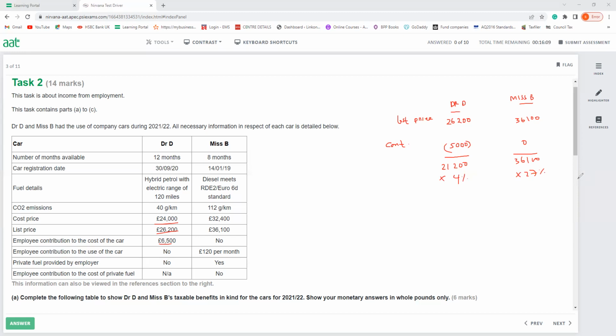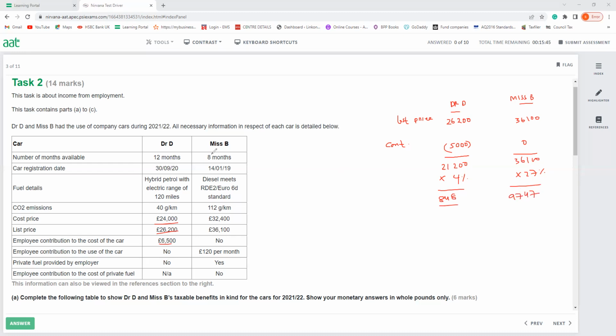So times 4%, and that gave us 848. And for the next one, 36,100 times 27%, and that gave us 9747.